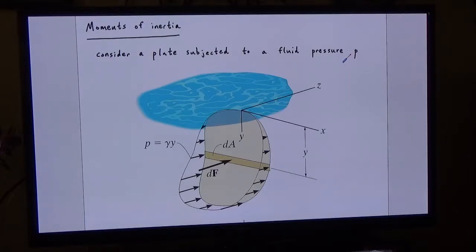The pressure at the bottom of the swimming pool would be much larger than the pressure at the top. Actually, the pressure at the very surface level is 0, and as you go down into the pool, the pressure increases. It actually turns out that it increases linearly as a function of y.